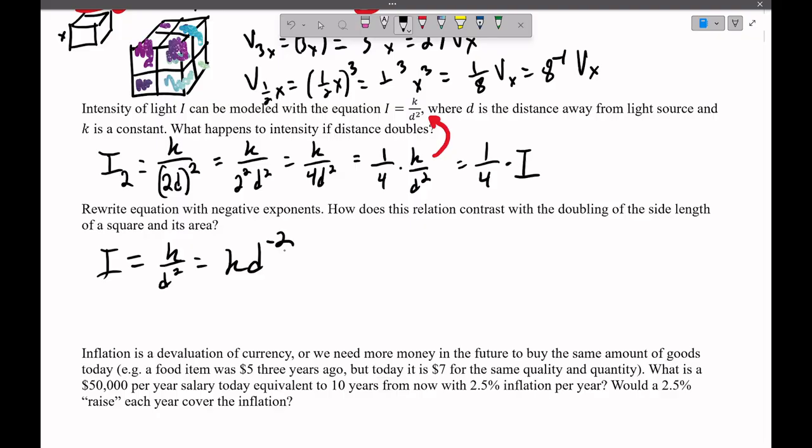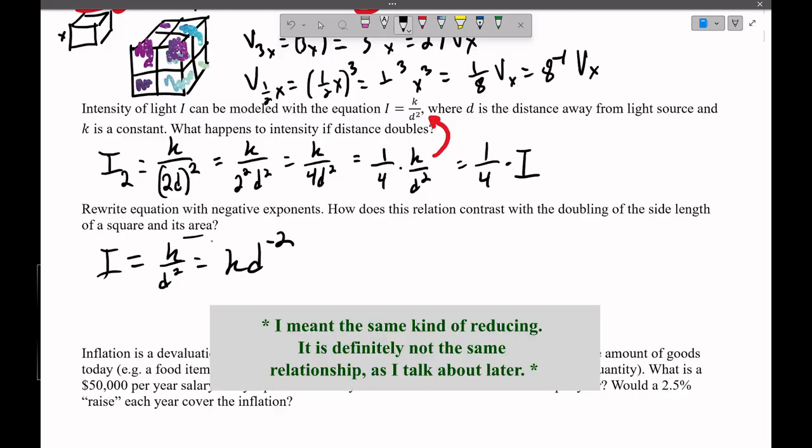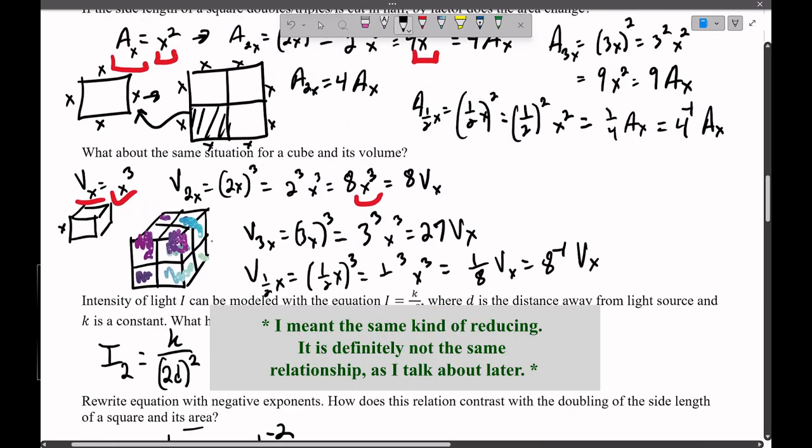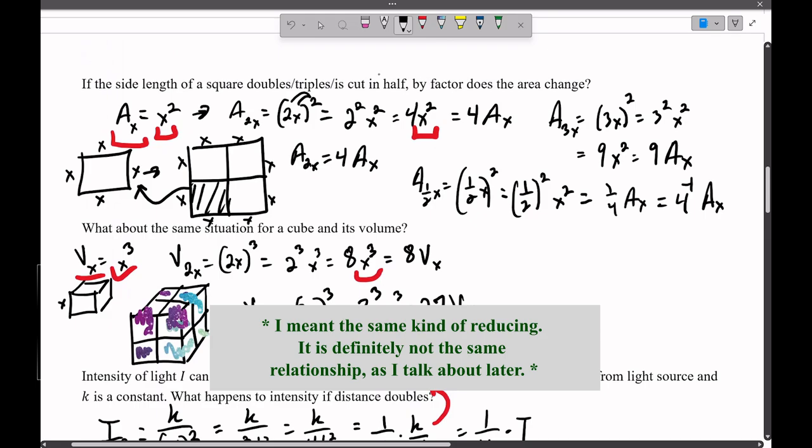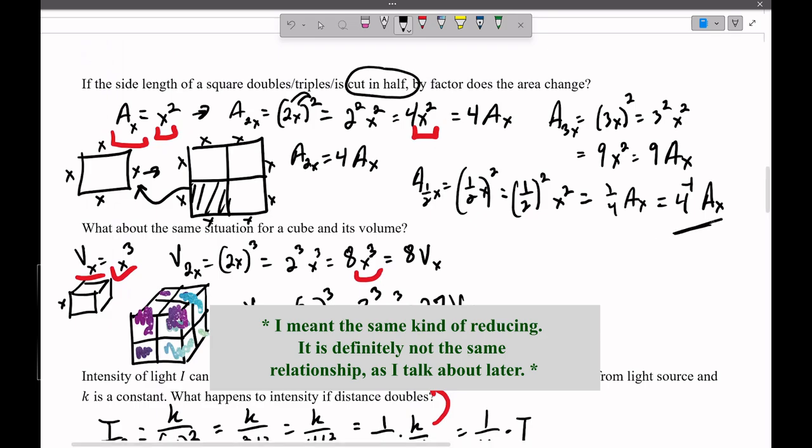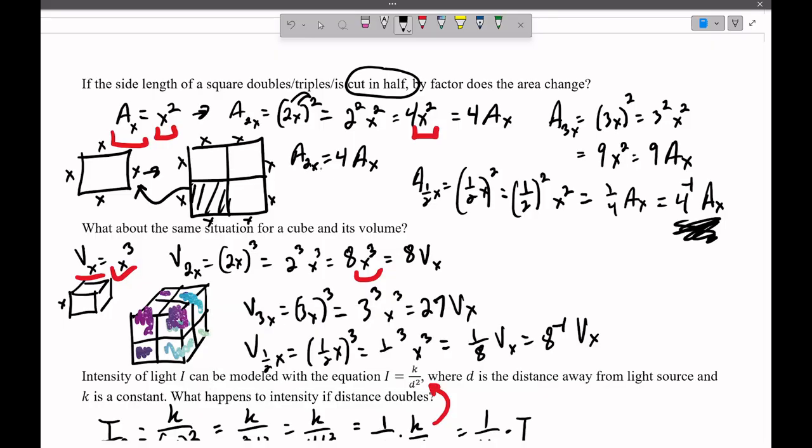And how does this relation contrast with a doubling of the side length of the square and its area? Well, this is the exact same thing as really talking about the cutting in half of the side length, right? When we did that, we had 1/4 the amount.